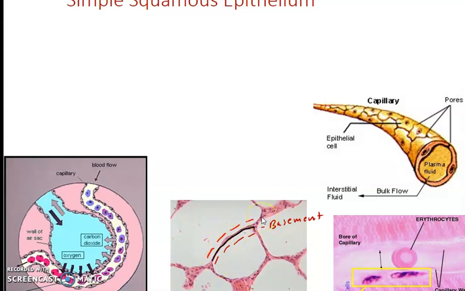Their job is to be super thin, so respiratory gases can go from the alveolar sacs into the blood, or from the blood into the alveolar sacs. And that's what's going on with COVID-19, is these structures are becoming inflamed. And instead of nice squished cells, the cells are filling up with fluid. They're getting larger, and that slows down the rate of diffusion of oxygen.